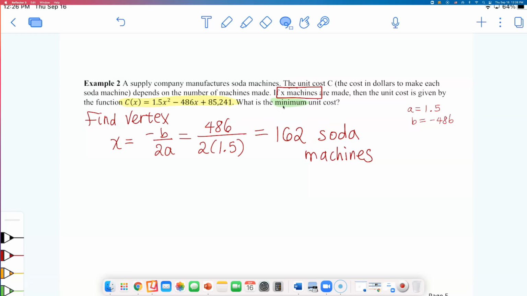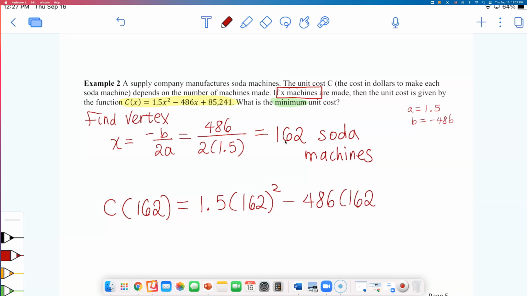In order to find that, we're going to plug this 162 into the cost function. So this time, because they were asking for the output value, the cost, I have to plug in 162 into the function. 1.5 times 162 squared minus 486 times 162 plus $85,241.